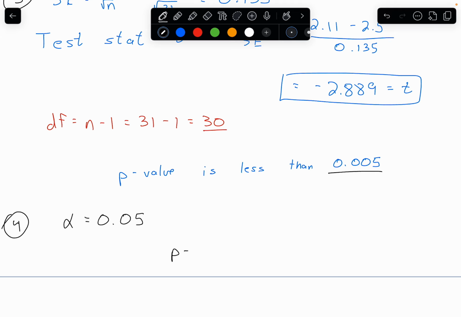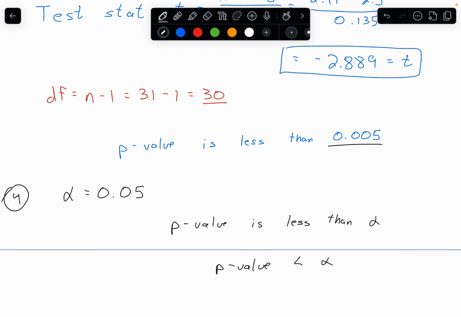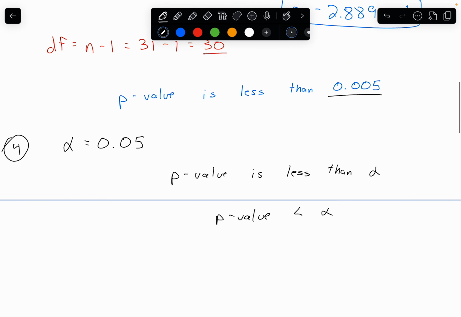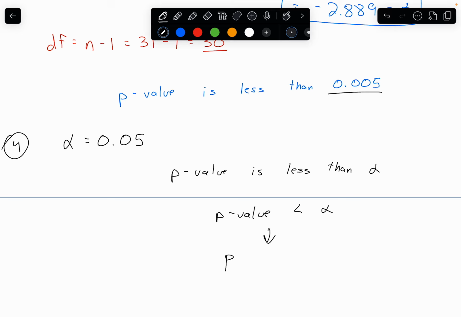If the p-value is less than or equal to alpha, that means that we will reject H0. We will reject the null hypothesis. That does mean that we've changed our mind. That means that there is enough evidence to support the alternative hypothesis.